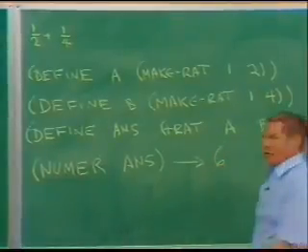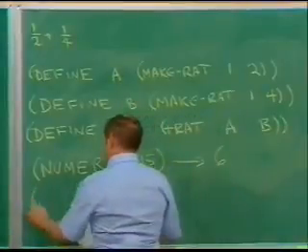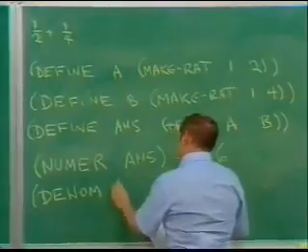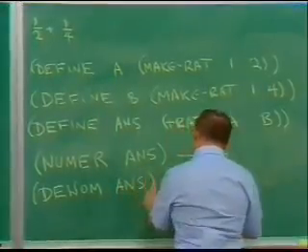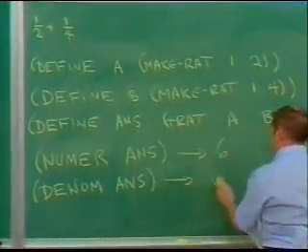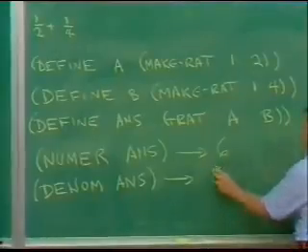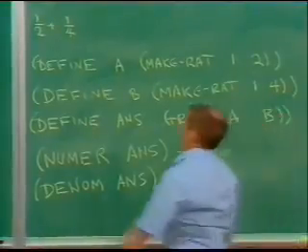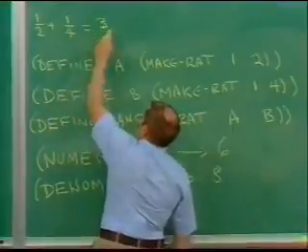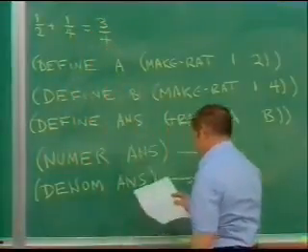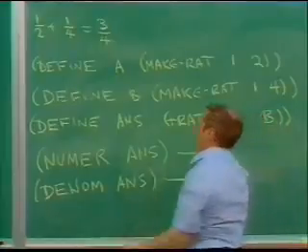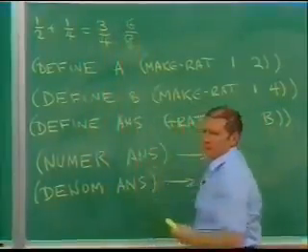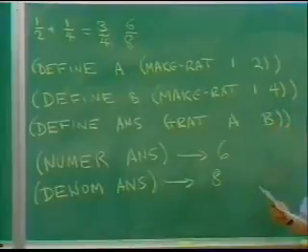And if I say, what's the denominator of the answer? The system's going to type out 8. So instead of what I would really like, which is for it to say that 1/2 and 1/4 is 3/4, this foolish machine is going to say, no, it's 6/8. Now, that's sort of bad news.